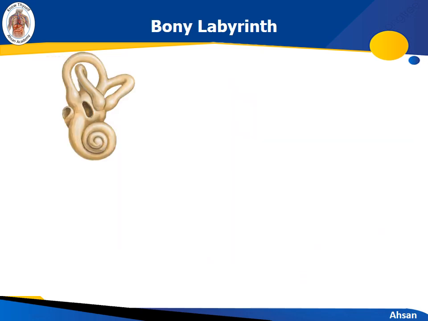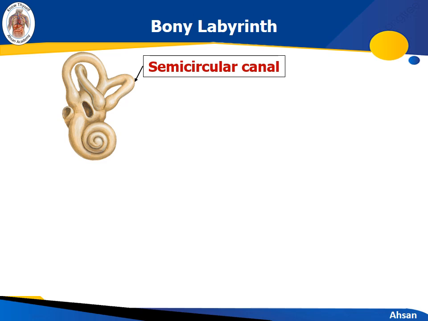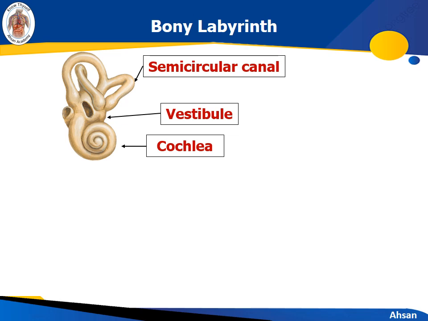The bony labyrinth comprises three tubular structures known as semicircular canals, connected to a large room known as the vestibule of the bony labyrinth, and a snail-like circular tubular structure. This is the cochlea.